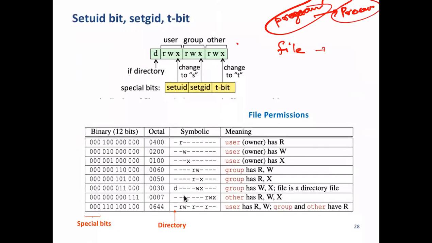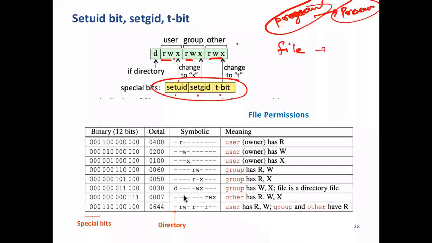So for this executable file, read, write, all these remain. This is the normal one. And apart from that we have 3 extra bits: set UID bit, set GID bit, and T bit.